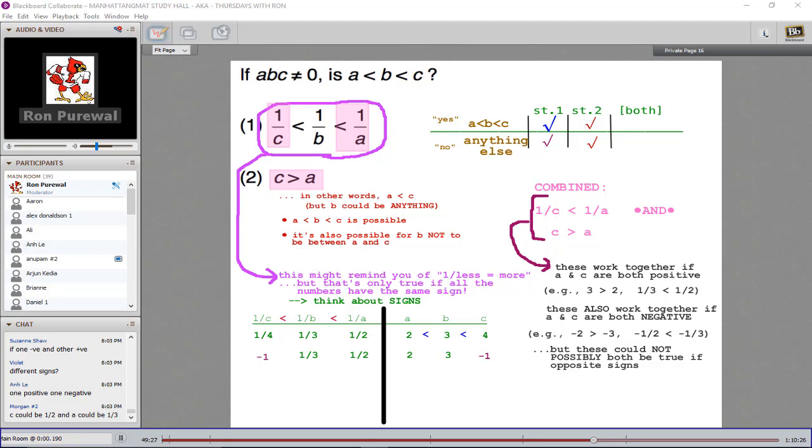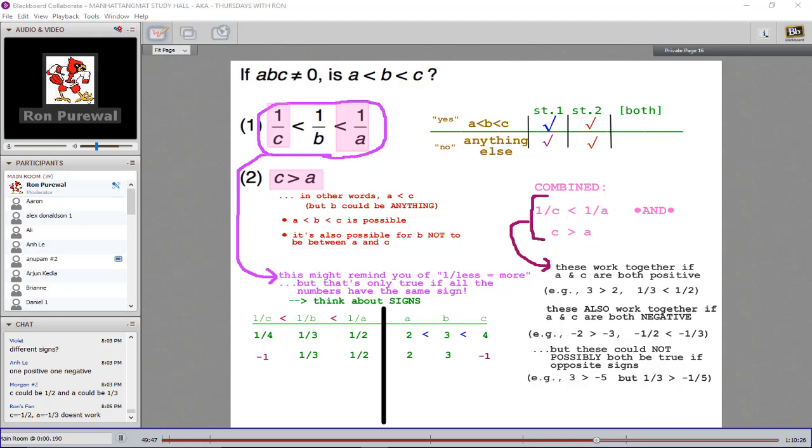So, like, 3 is greater than -5. But 1/3 is also greater than -1/5. So it sure does work.